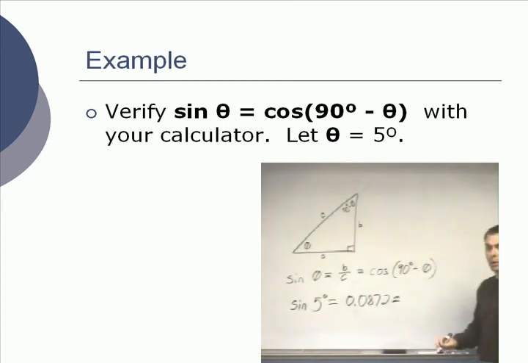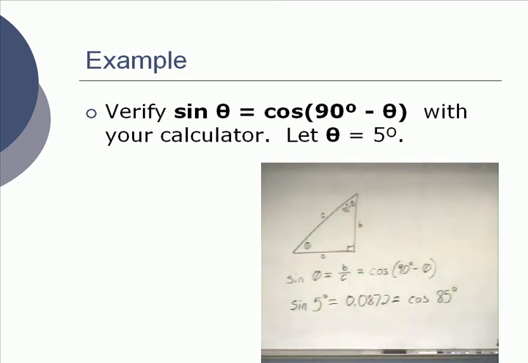Now that better be equal to the cosine of what? 90 minus 5, or in other words, 85 degrees. Check it. What is the cosine of 85 degrees? Works out. That'll always be the case.